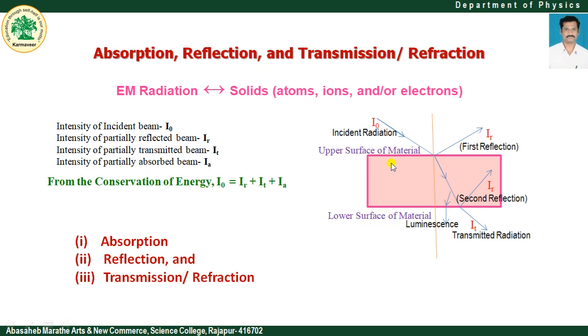Also, part of the light energy gets scattered and utilized for the luminescence. Several factors in this case are important in determining the behavior of the incident photon, with the energy required to excite an electron to higher energy state being of particular importance. Now, today we are going to study these factors, that is absorption, reflection, and transmission or refraction. Okay, so let us study these one by one.